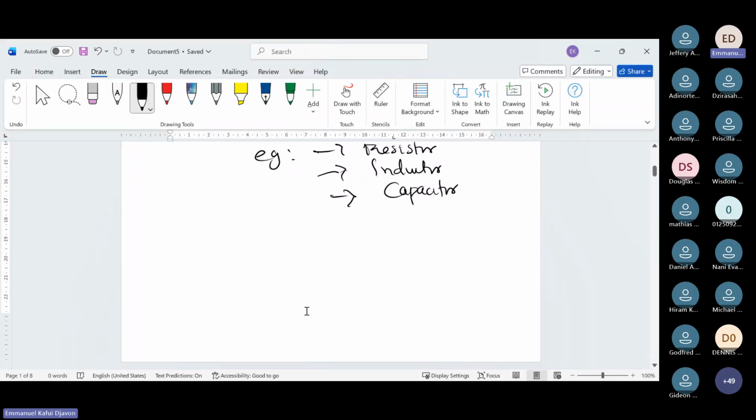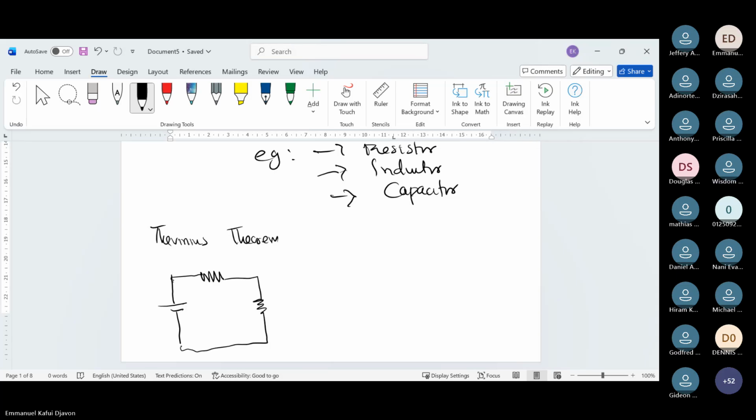We are saying that whenever you are given any circuit, you can draw that circuit. Unlike this, which is for Thevenin's, here you have this. As I said, this is your VTH. This can be your RTH, and this is your RL.